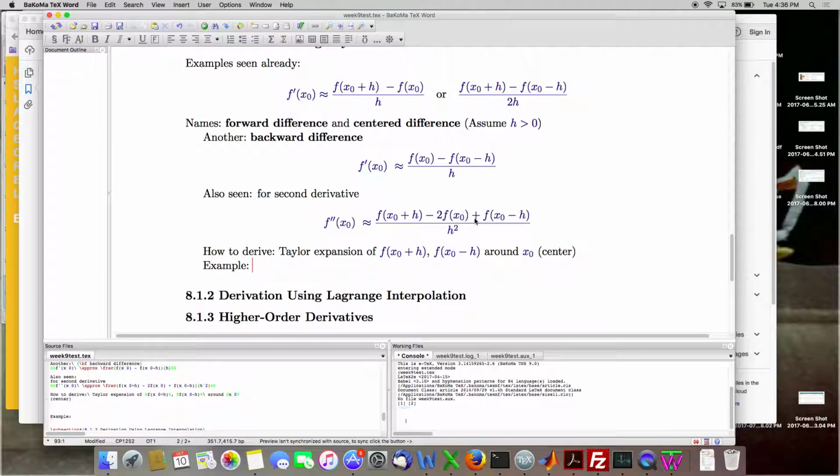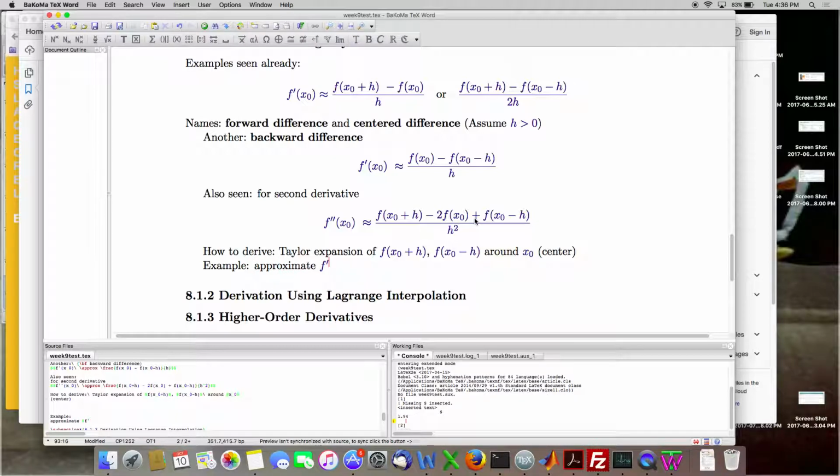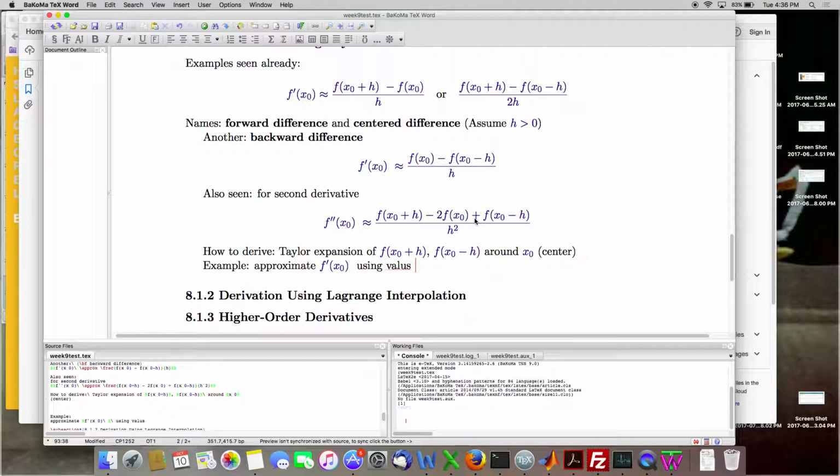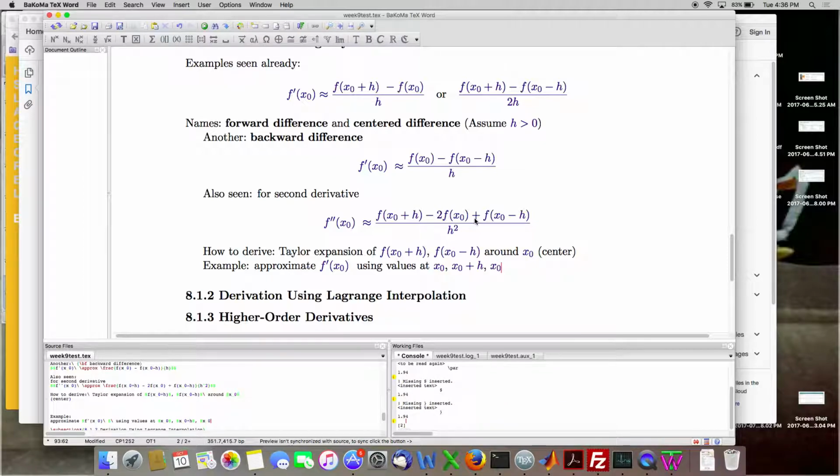Okay. So what I want is to approximate f prime x naught using values at 3 points, x naught plus h, and x naught minus h. Because in all of these for first derivative, we use only 2 points.